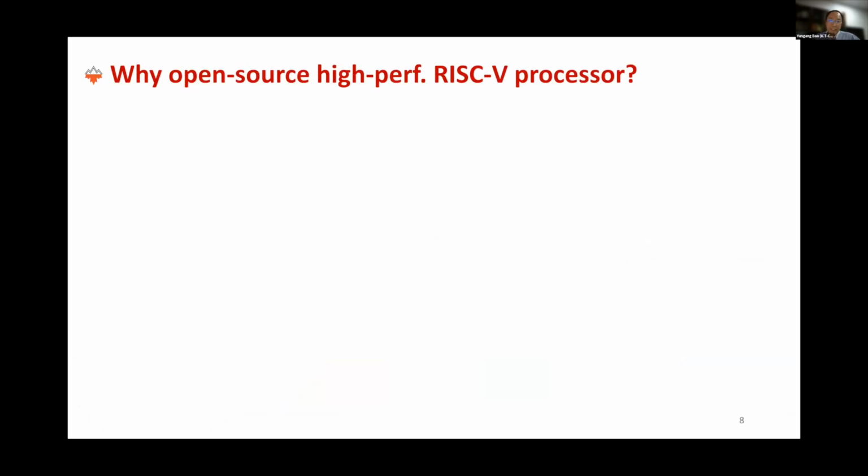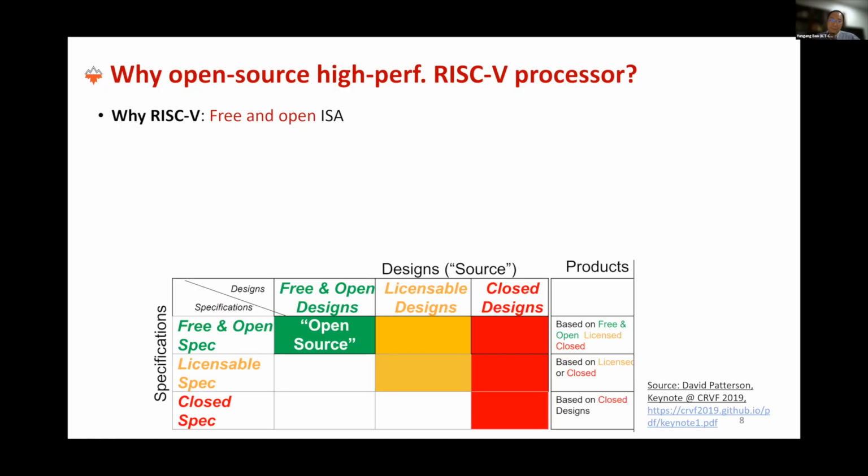The first question is why we want to build an open source high performance RISC-V processor. In particular, we first need to answer why we choose RISC-V. This is because RISC-V is an open and free ISA.